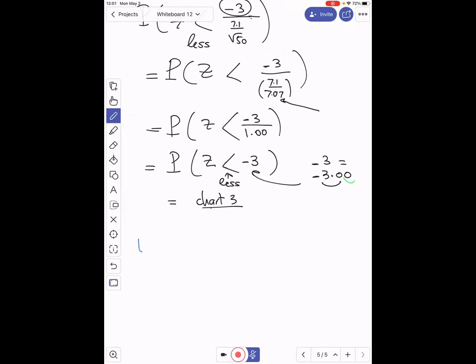So in exercises 3 and 4, there is no word normal distribution or normal in the statement.